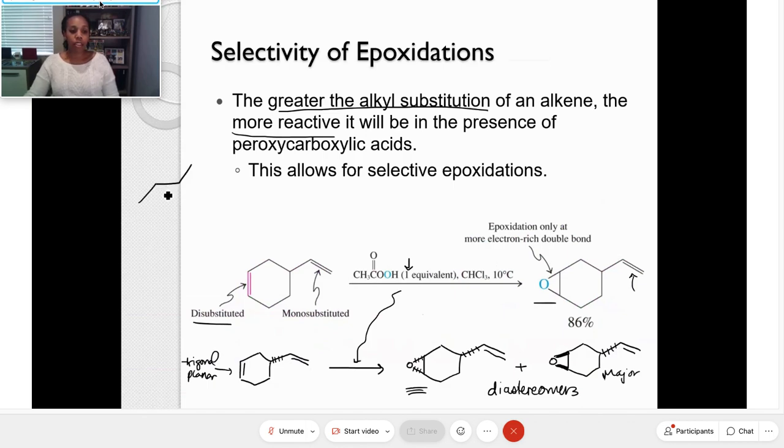The other thing I want to point out here is notice how I'm drawing the stereochemistry here versus how I told you to draw the stereochemistry if we had this MCPBA reaction. When we did this MCPBA reaction, we're showing the stereochemistry here with the bond to the methyls. But if we have an alkene in a ring, we show the stereochemistry with the bonds to the oxygen. So if your alkene is a part of a ring, then you draw those carbon-oxygen bonds above the plane or below the plane.